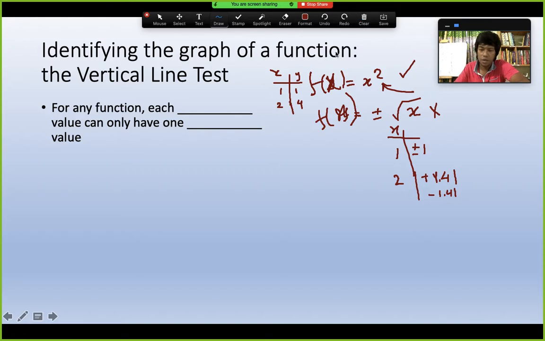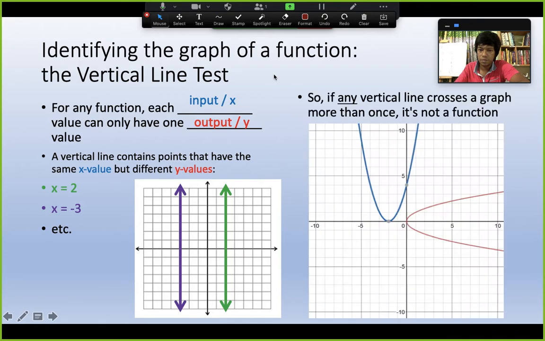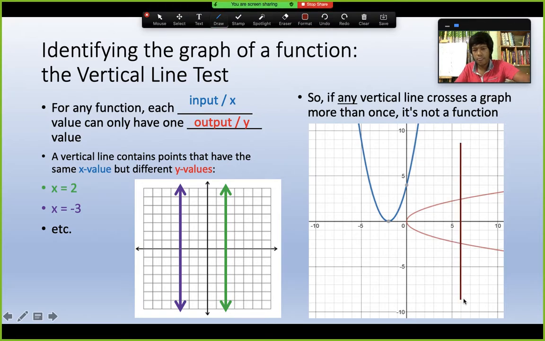There is a very easy and straightforward answer for that. This is called the vertical line test, and let me show you here. On the graph you will draw a vertical line.